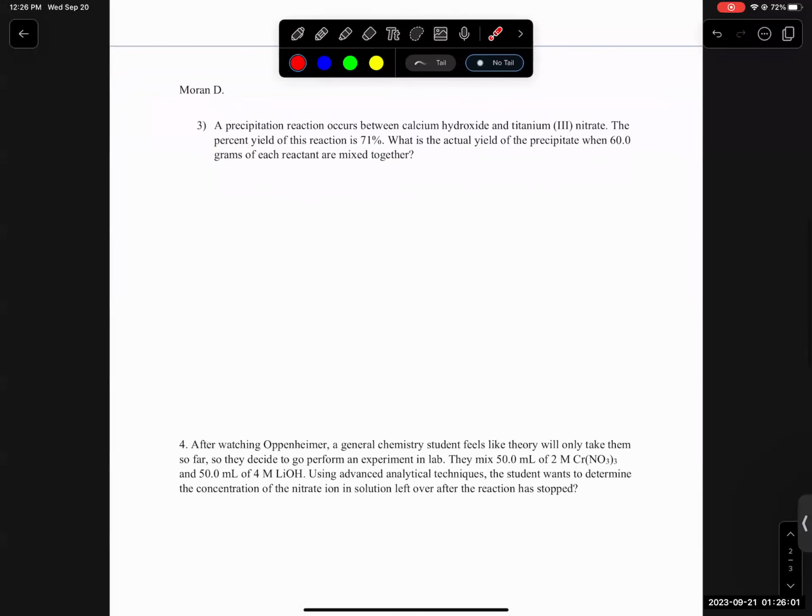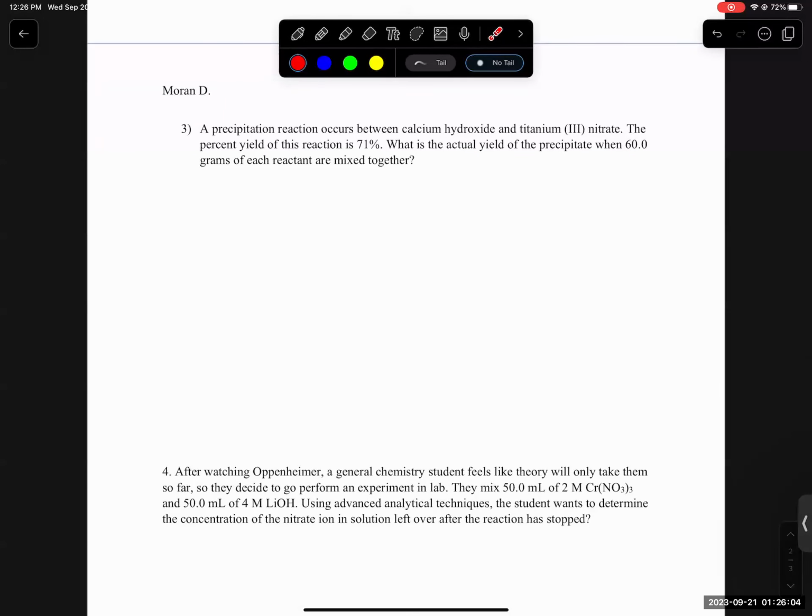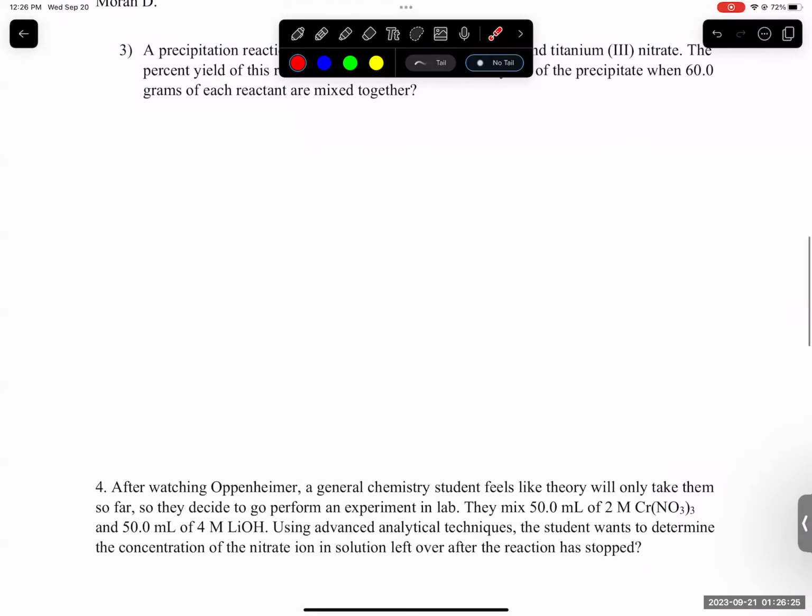Between 3 and 4, we'll let you decide which one you want to do. Let's come to a consensus first before we all start calculating stuff. Raise your hand for number 3. Well, we gotta read them first. Y'all read these? Yeah.